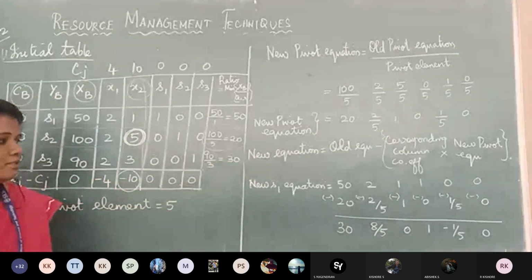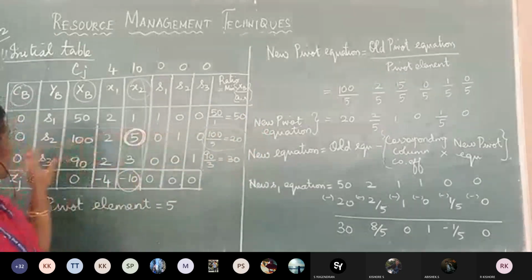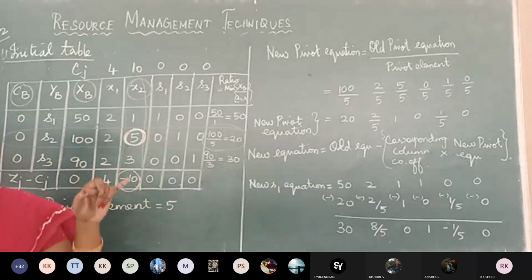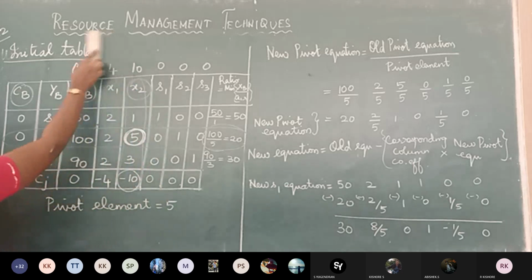Similarly, your S2 we have already found, that is your pivot equation. Now you have to find out your S3.